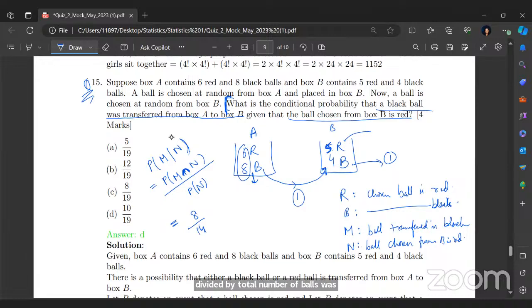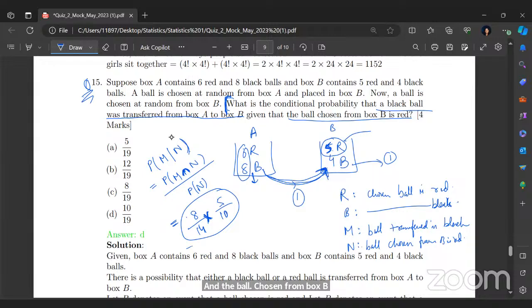And the ball is red in color is going to be 5 divided by, now you have transferred one ball here, so total number of balls is 10, right? So this probability is giving me that the ball transferred was black in color and the ball chosen from box B is red in color.